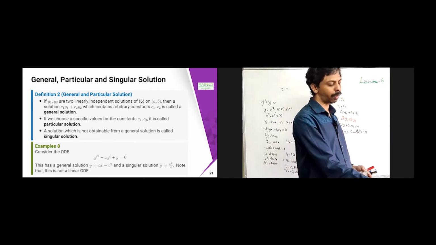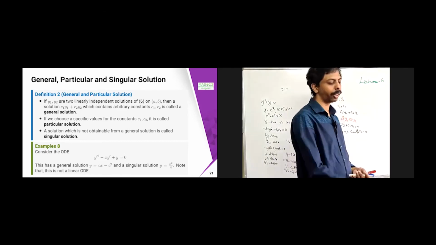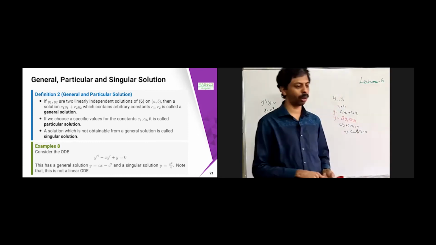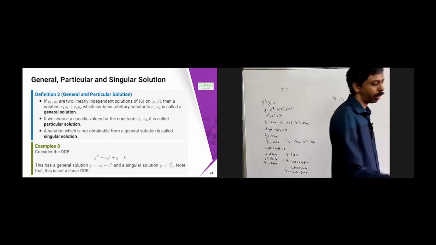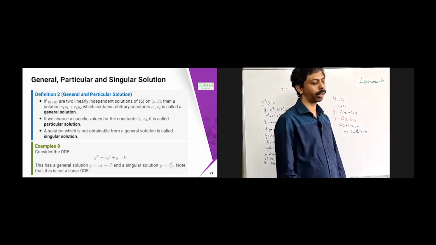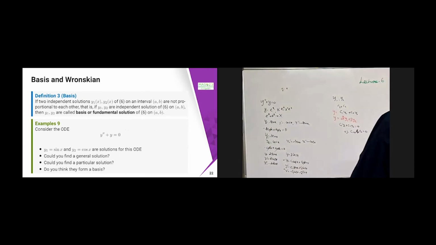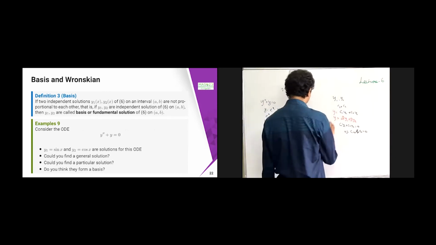I am giving an example for first order only, not second order. So in first order you have y equal to cx minus c square, and the singular solution y equal to x square by 4. This is not a linear ODE, and you can see that y equal to x square by 4 is a singular solution.